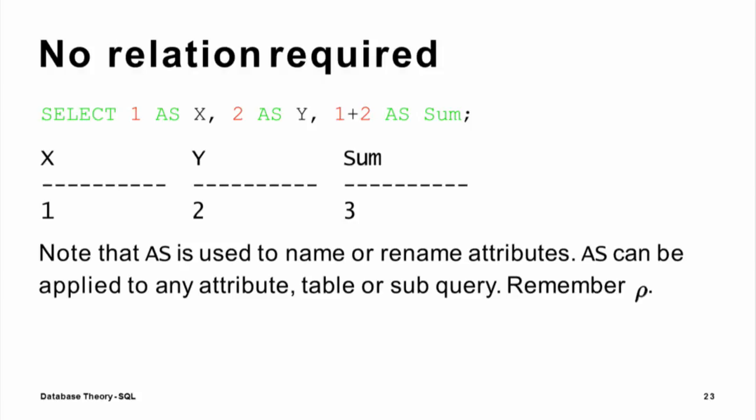And there's another thing here. If you have a look at that statement which says select 1 as X, well, we are renaming the first column to be named X. The second one is Y, and the third one is sum. So adding a column name or a constant followed by AS and a new symbol name, then that's your new symbol.